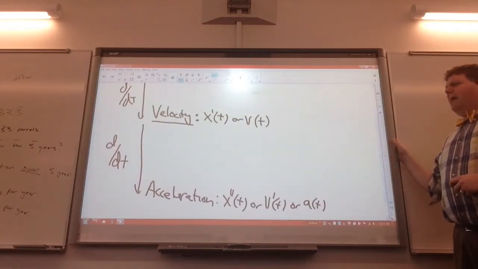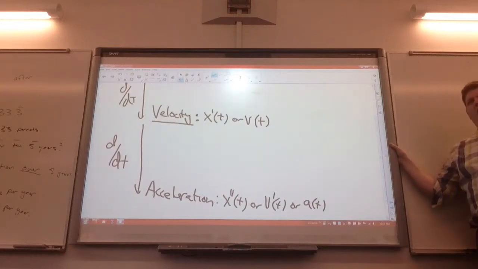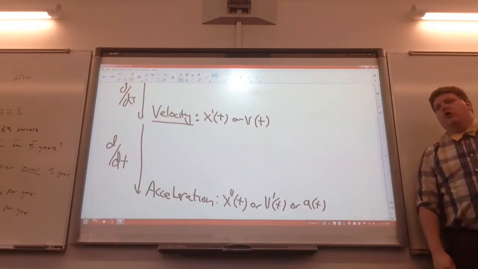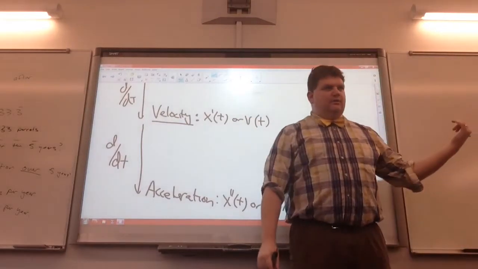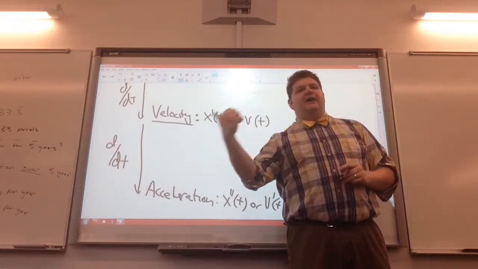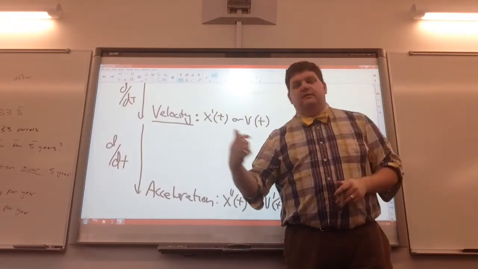Now, there are some things to note when you answer these questions tonight, okay? One thing you'll be asked about is whether I'm moving to the left or to the right. Motion to the right, okay, would be positive velocity. Motion to the left would be negative velocity, okay?